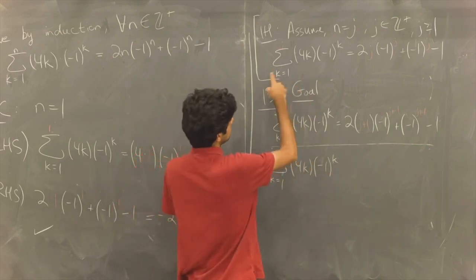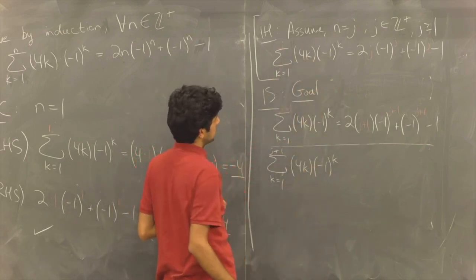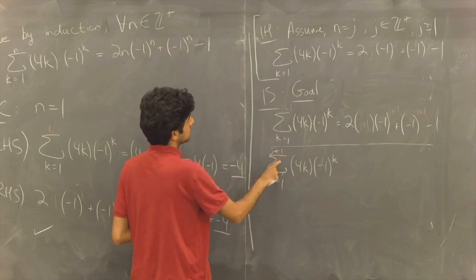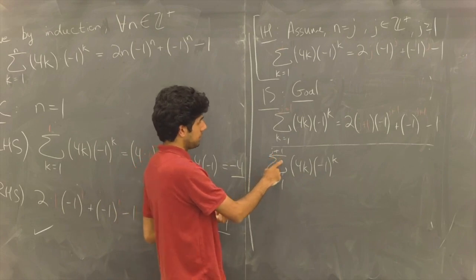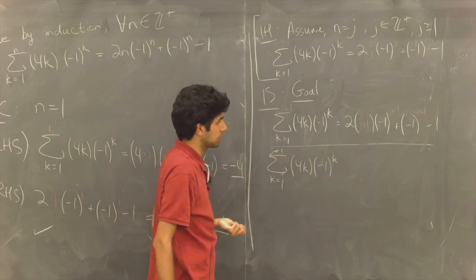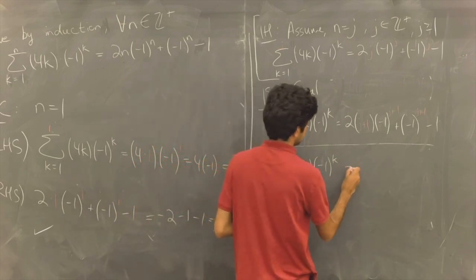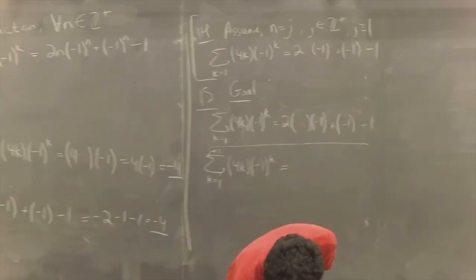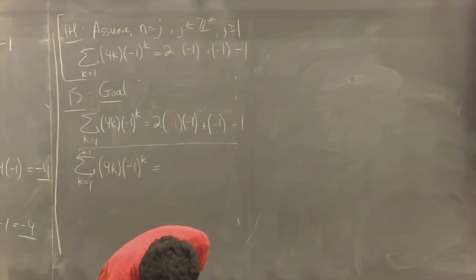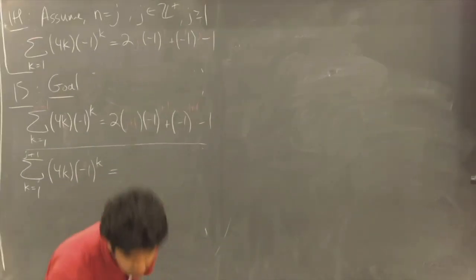So, how can I use it? Well, this looks pretty similar to what I have here. The only difference is my bound here is j plus 1, whereas this is j. But I can change this to j by just extracting out the j plus 1th term. So let me make some more space on the board. Voila!